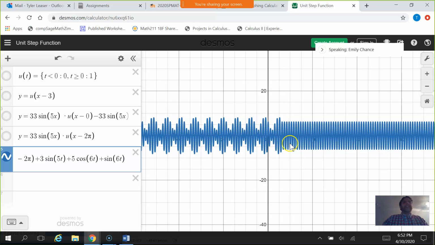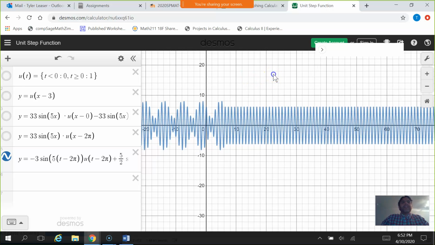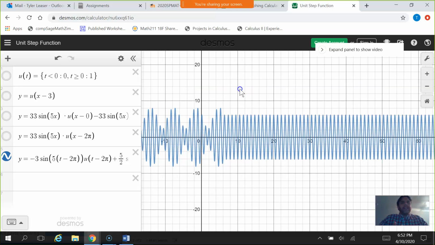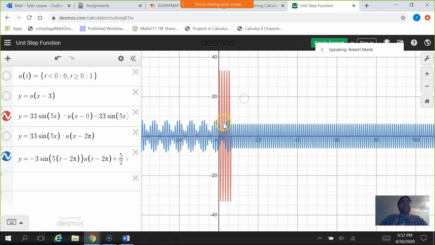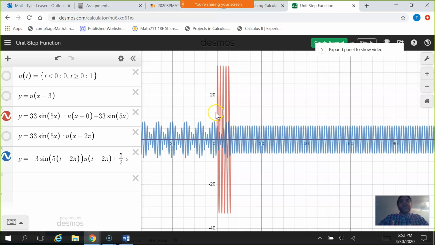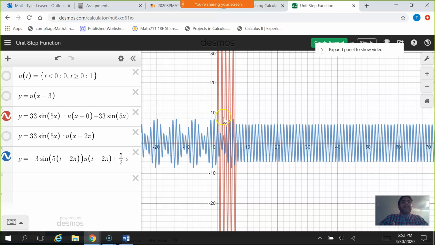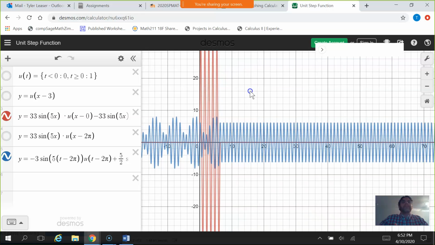So this is what it looks like. Don't worry about anything that's happening before 0, because that doesn't matter. And remember, we're looking at a circuit, and this is the circuit that has this as the input voltage. So when you throw in this crazy voltage, your circuit struggles trying to find a resting point or an equilibrium because the input is so crazy.